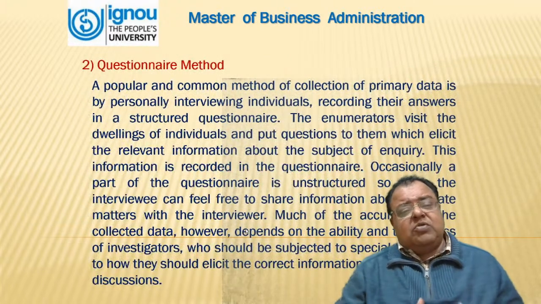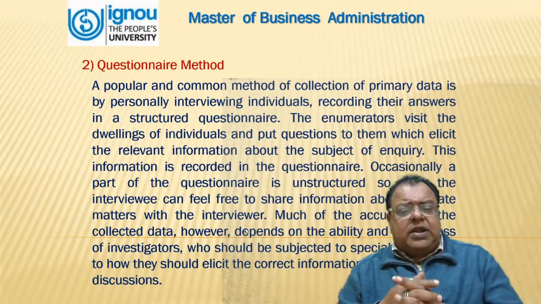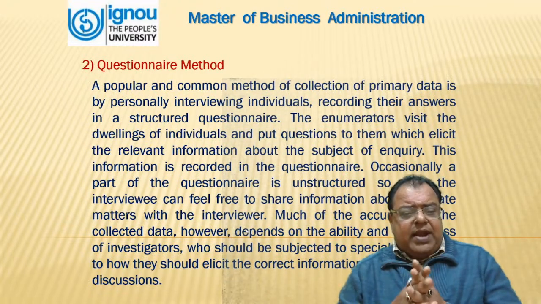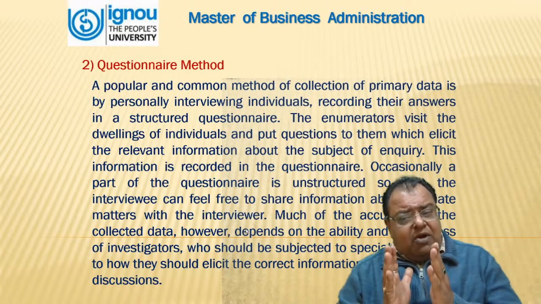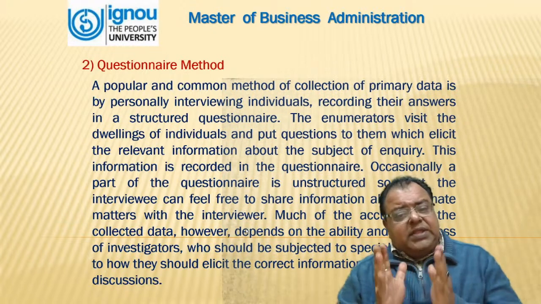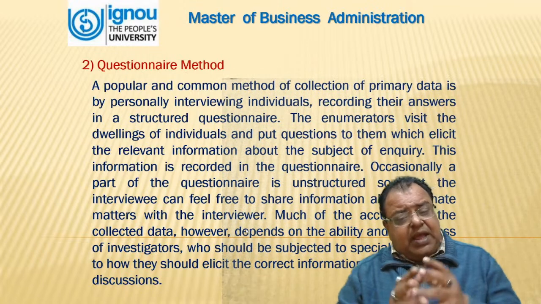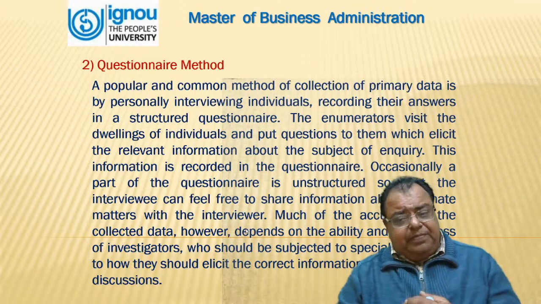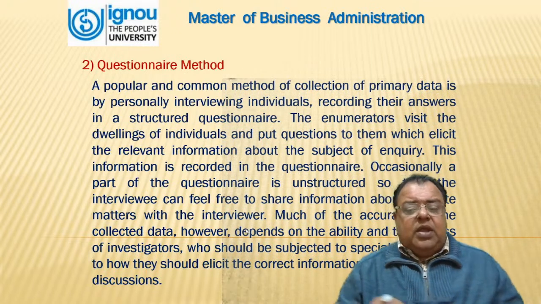Second method is questionnaire method. A popular and common method of collection of primary data is by personally interviewing individuals, recording their answers in a structured questionnaire. The enumerators visit the dwelling of individuals and put questions to them, which elicit the relevant information about the subject of inquiry. This information is recorded in the questionnaire.